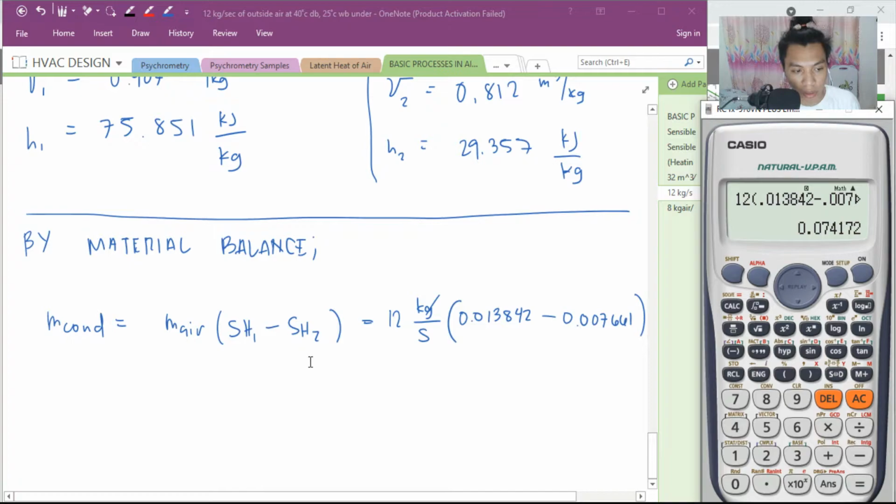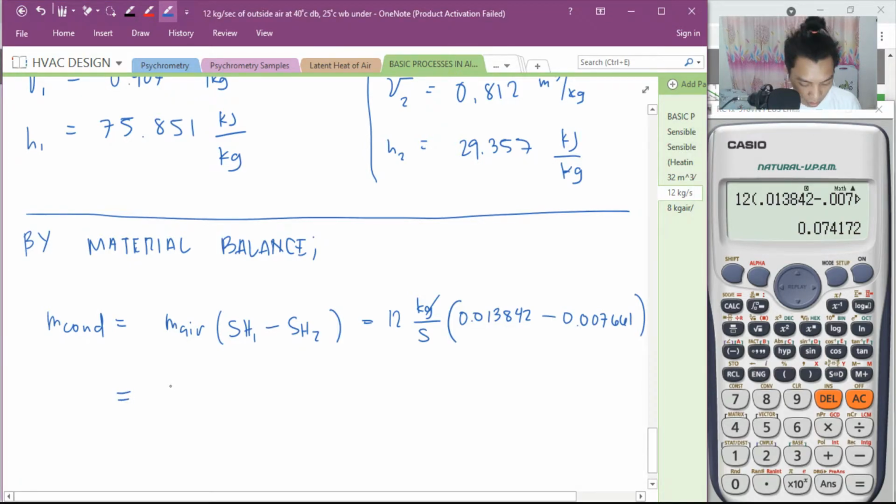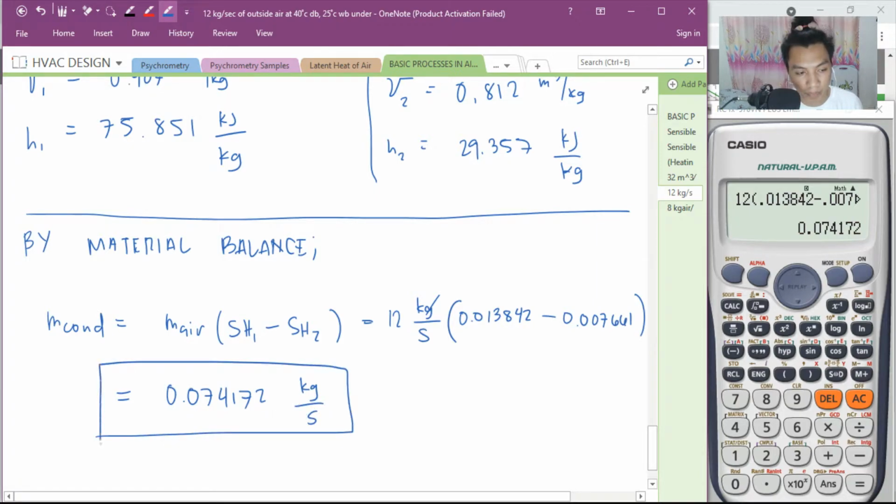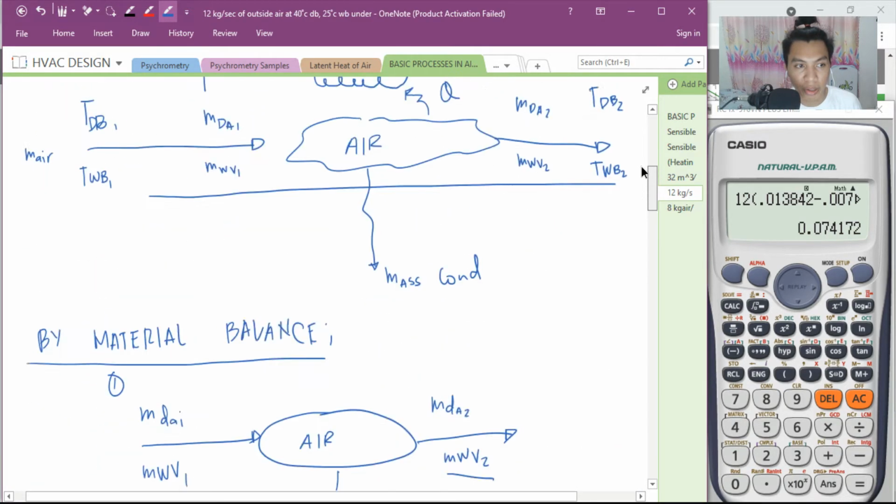Yan. So, mass of the condensate, 0.074172 kilograms per second ng condensate. That is letter A. Check natin kung tama sa A pinahanap.